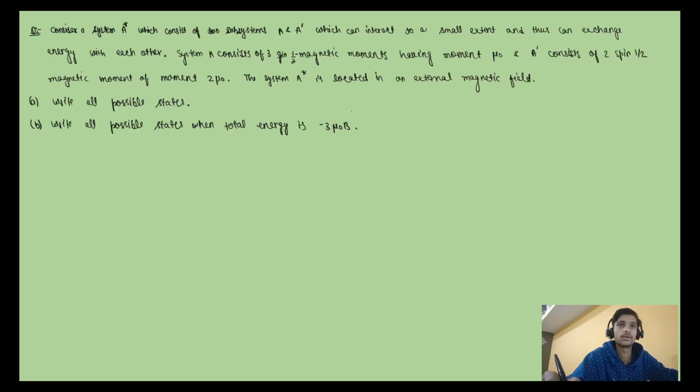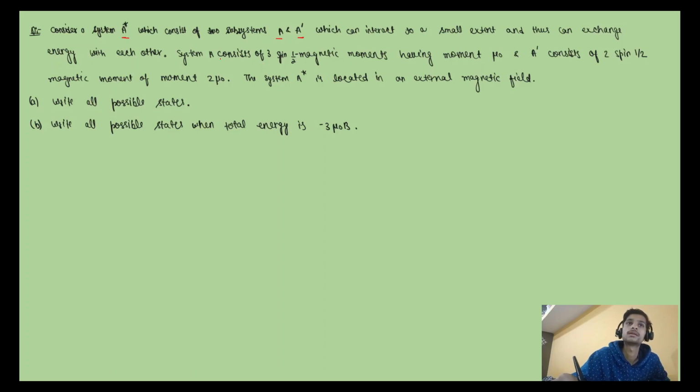Okay, so let's try to discuss another problem. This is a problem of a composite system. What a composite system is: basically you have a system of two or more subsystems. So here you have a system A star, which consists of two subsystems A and A dash. These two subsystems can interact to a small extent, and thus they can exchange energy with each other.